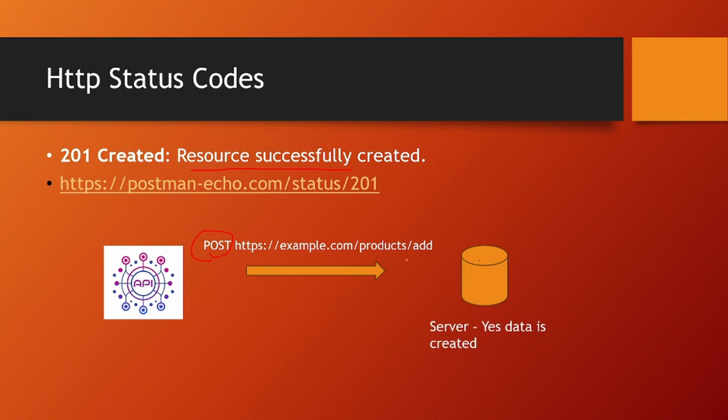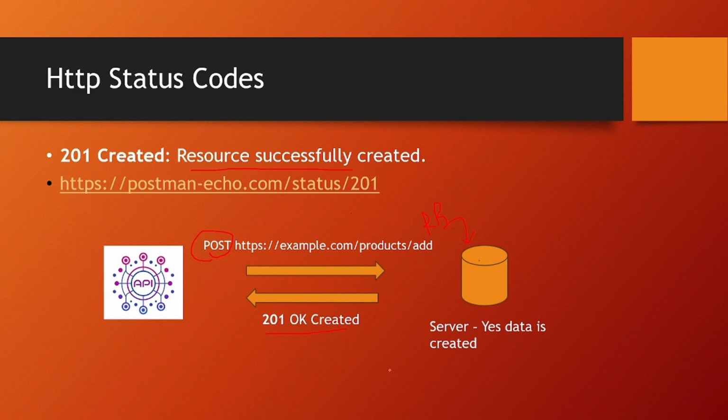It will create the data with the request body it has received. So how will the client know that whatever details you have sent to the server have been created? After creating your data, the server will send back the response with the 201 Created status code.